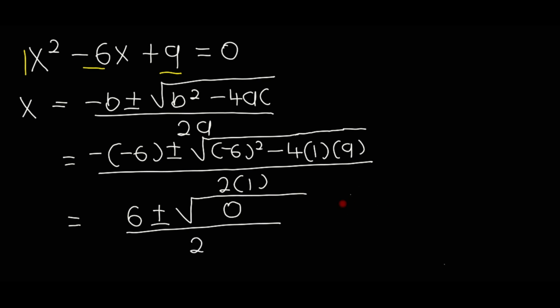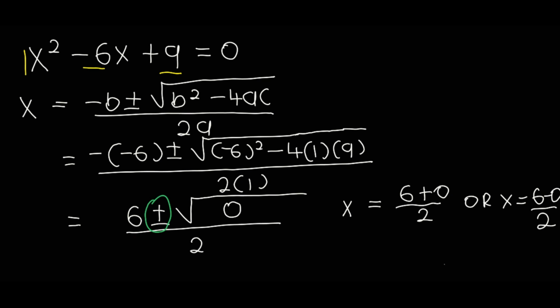So moving on, we say x equals 6 plus 0 over 2, or x equals 6 minus 0 over 2. Remember that the square root of 0 is 0, and because we have plus or minus, we separate them so that we can get different answers.